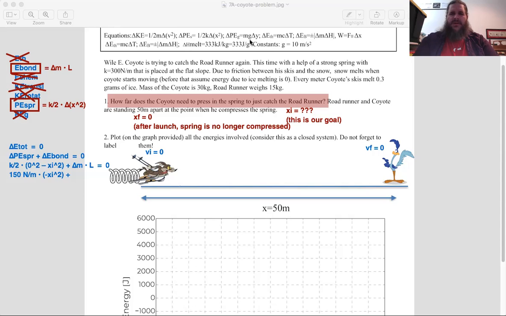So we can combine those. We know that we are melting 0.3 grams of ice per meter of travel. How would we combine that with the 50 meters to get the total amount of ice melted?